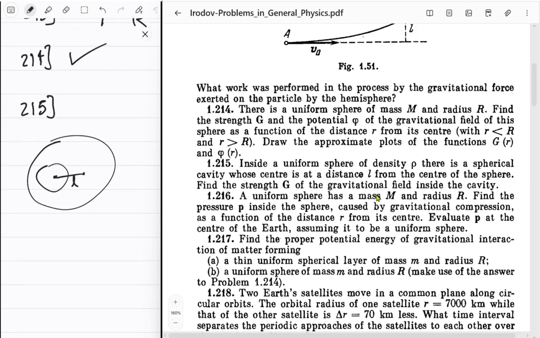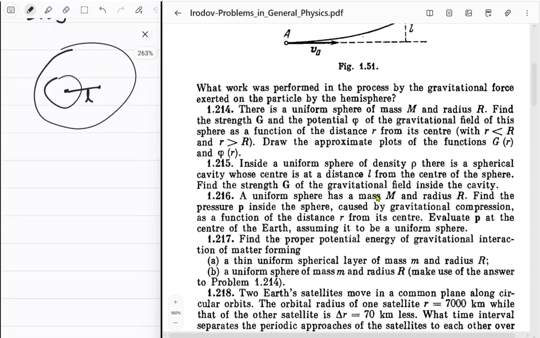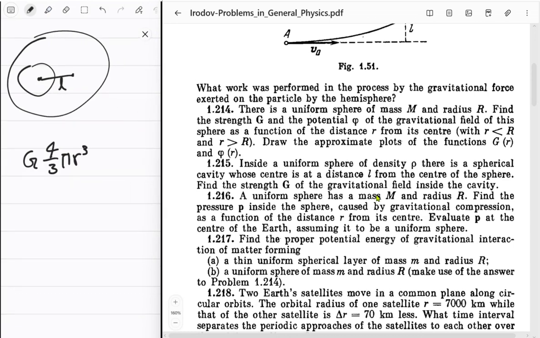You can think of this cavity as negative mass. So you got this complete sphere. Once again, just GM upon r squared. What's this M? It's 4/3 pi r cubed times the density rho, upon r squared.